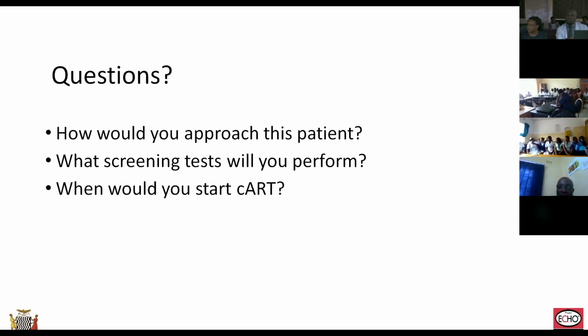And as my colleague has already put it, we can also do a syphilis test. And since this person is not married, we also need to investigate his sexual history. And after those investigations are done, I think he has to be immediately commenced on ART. Thanks.